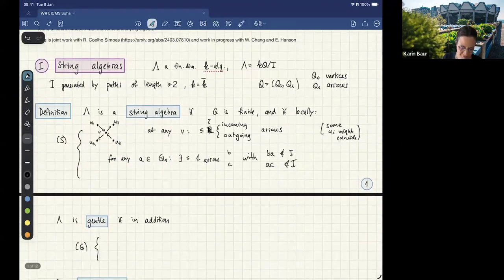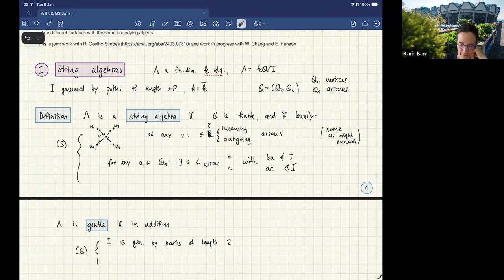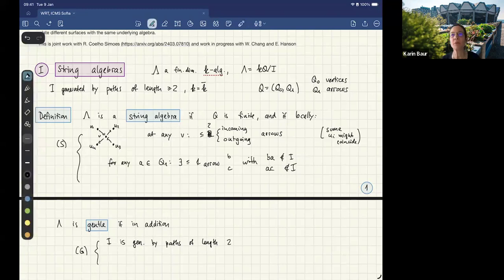Then we can impose a bit more and we call lambda gentle in that case. So there's condition G: I is generated by paths of length 2. In string algebras, you might have longer paths for the ideal, and we will have an example very soon.